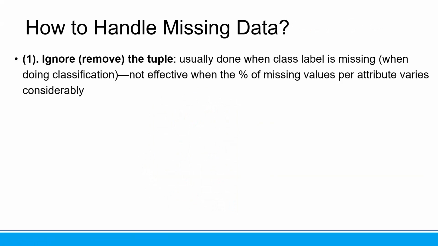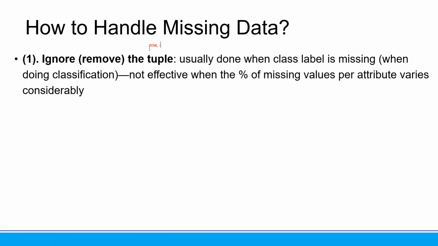First is to ignore or remove the tuple. If you remember, what is a tuple? It is the row.